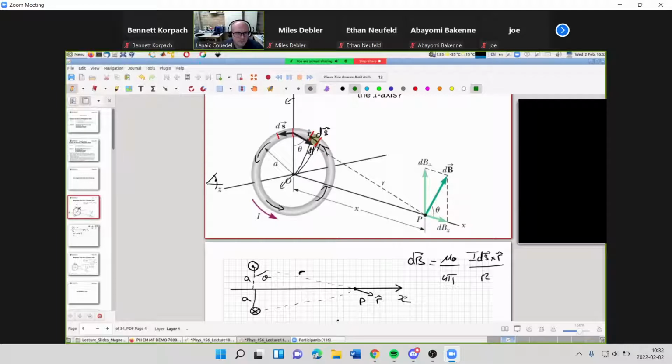So this vector here, I will call A vector, not A hat, connecting O to any point of my wire.